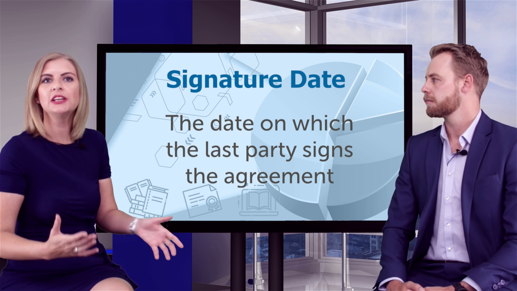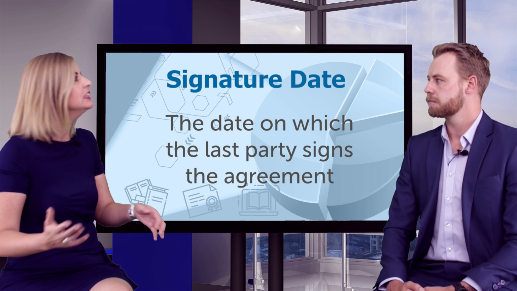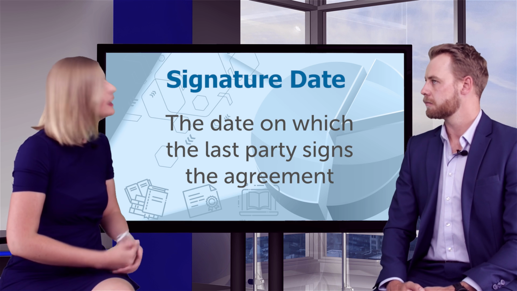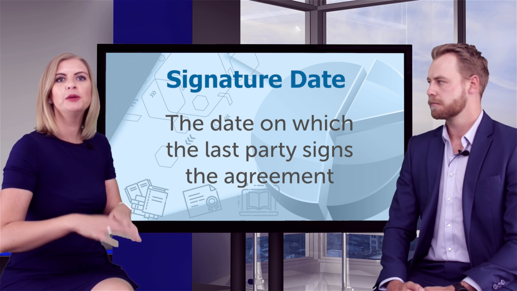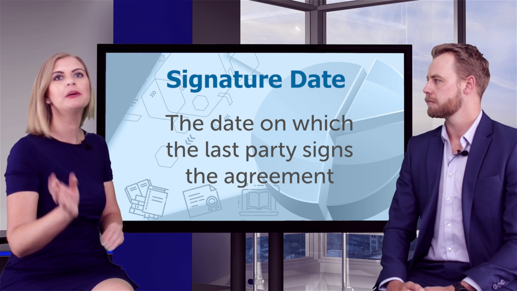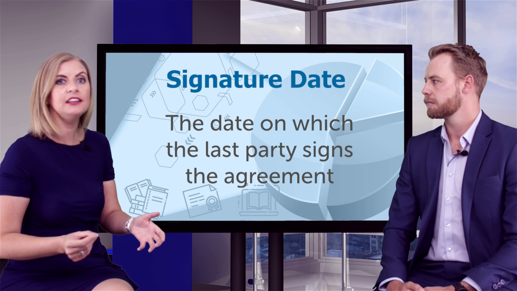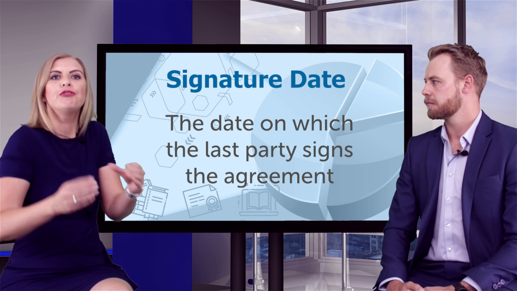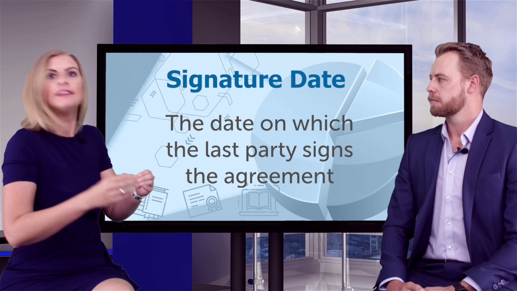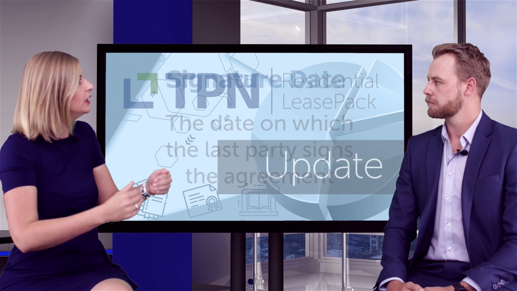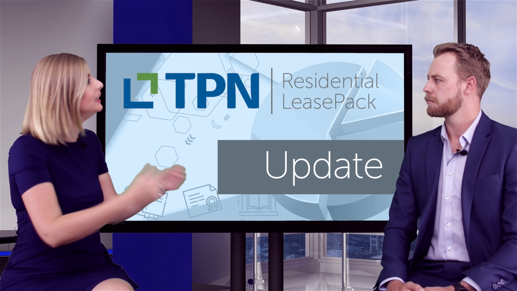So why this is a potential problem is, say for instance, the landlord lives abroad. Tenant signs the agreement and everybody is happy, but the landlord hasn't signed the agreement yet. This effectively changes the date on which the lease agreement commences.